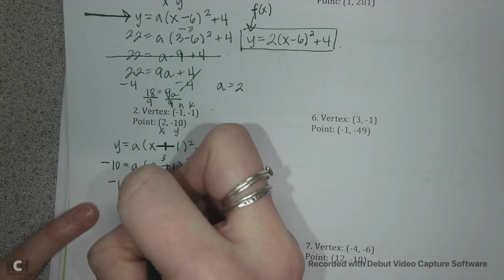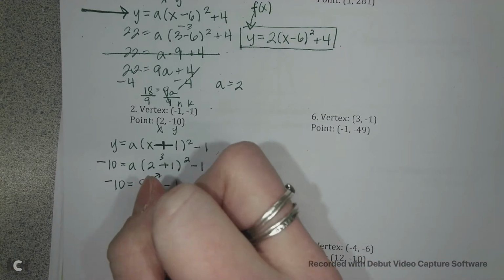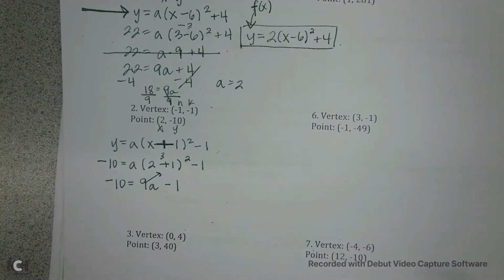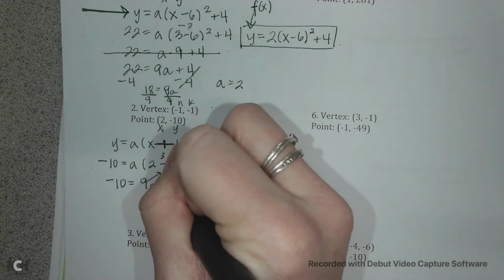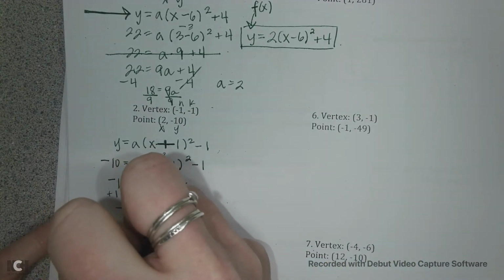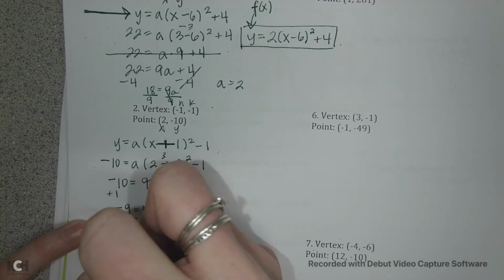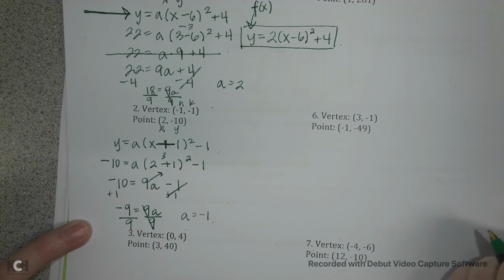Again, I got this 9 from before, but we usually write leading coefficients and variables in that order. Now we have to solve our two-step equation, so we're going to add 1 to each side. So I have negative 9 equals 9a. To get my variable by itself, we divide each side by 9, and a is equal to negative 1.